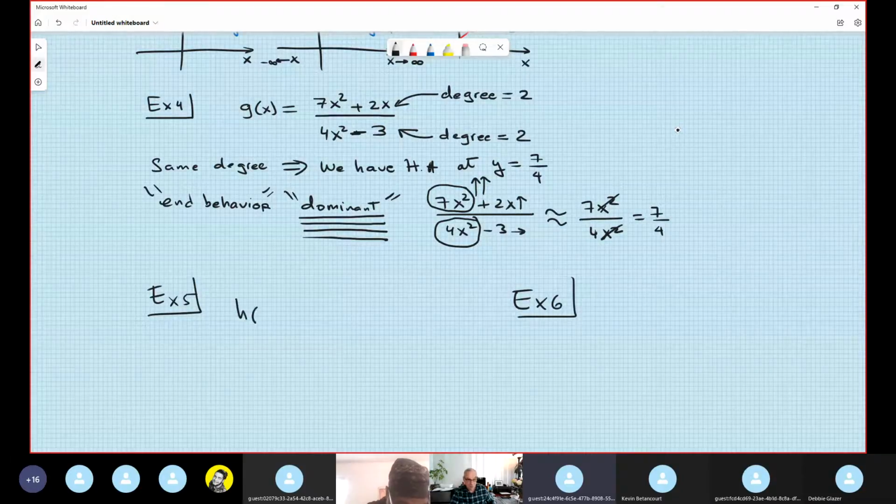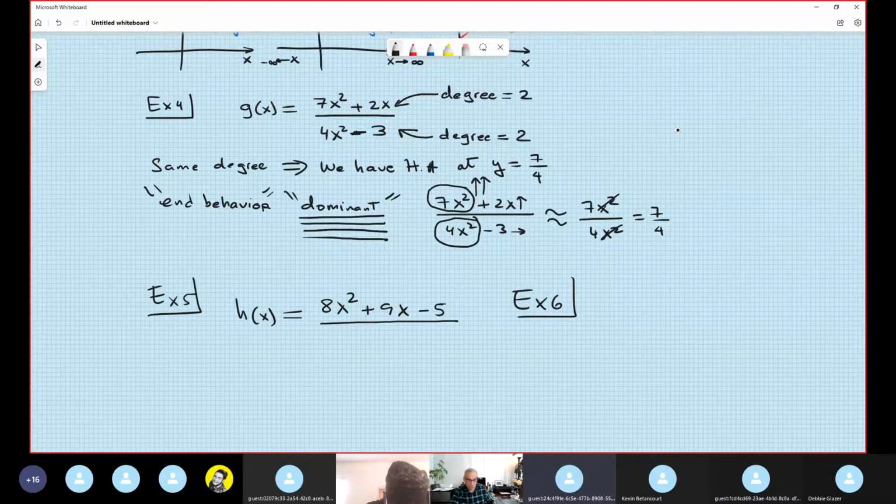Suppose that function is called h of x is equal to 8x squared plus 9x minus 5 divided by 2x squared plus 1. And the second example is x squared plus 7 divided by 11 minus x squared.